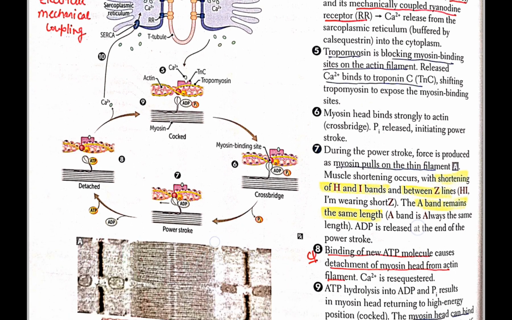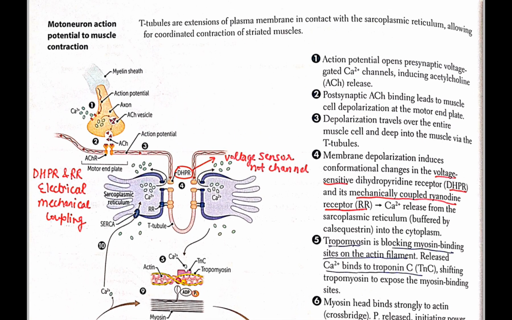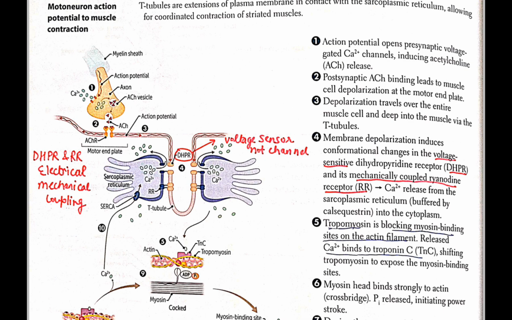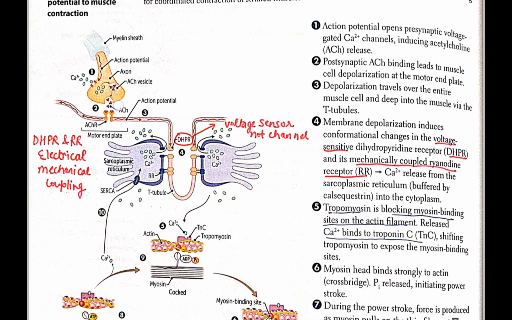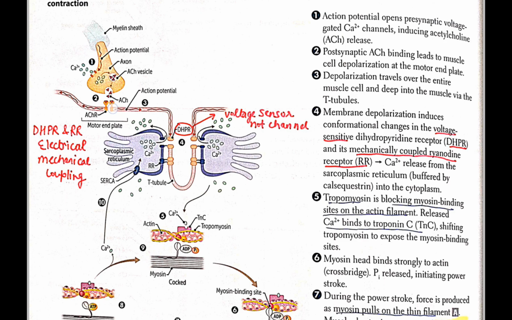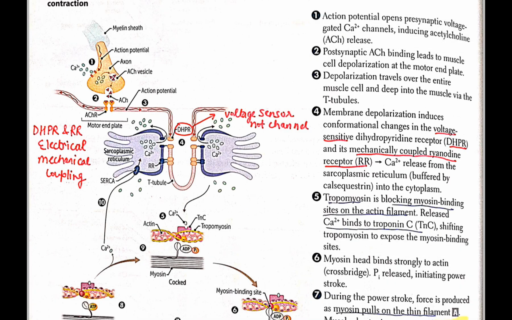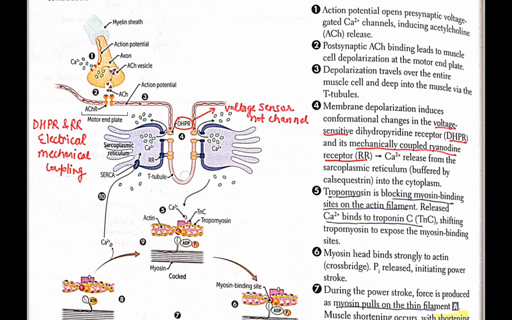Now let's understand the theory of muscle contraction. So the action potential opens the presynaptic voltage gated calcium channels. Then acetylcholine will be released, and acetylcholine will act on the postsynaptic channels. Then acetylcholine binding leads to muscle cell depolarization, and depolarization travels along the entire muscle cell and ultimately reaches the T tubules.